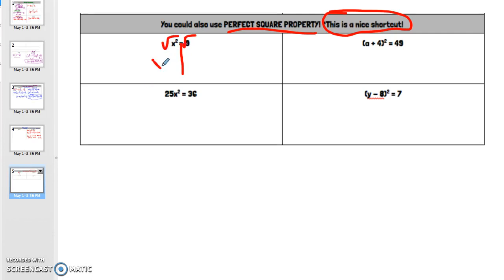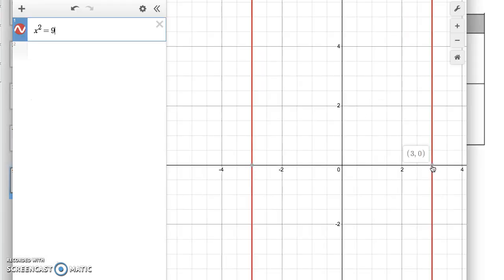The square root of x squared is x, and the square root of 9, we're going to call that plus or minus 3, because x could be positive 3, because 3 squared is 9, or it could be negative 3, because negative 3 times negative 3 is positive 9. What that means is my solutions, because this is an equation, my x-intercepts are at 3 and at negative 3.